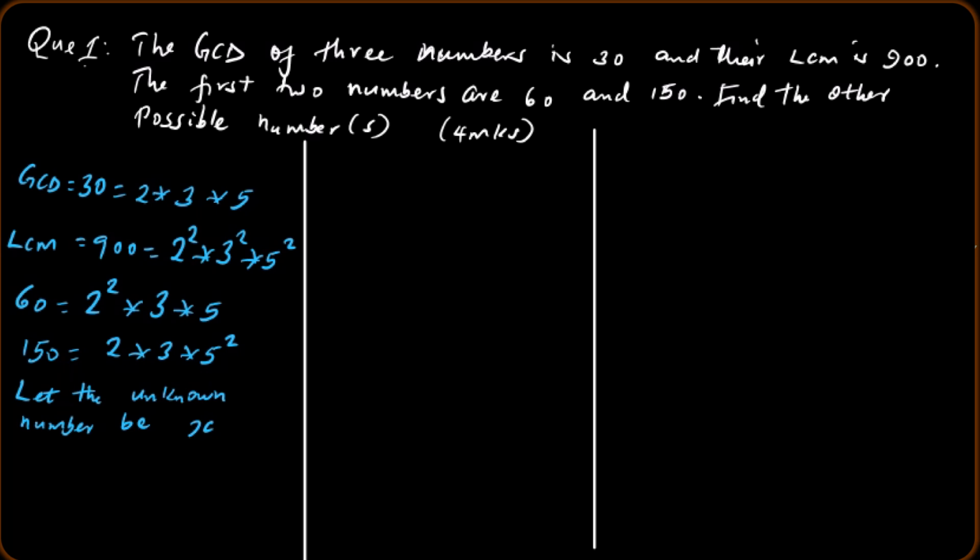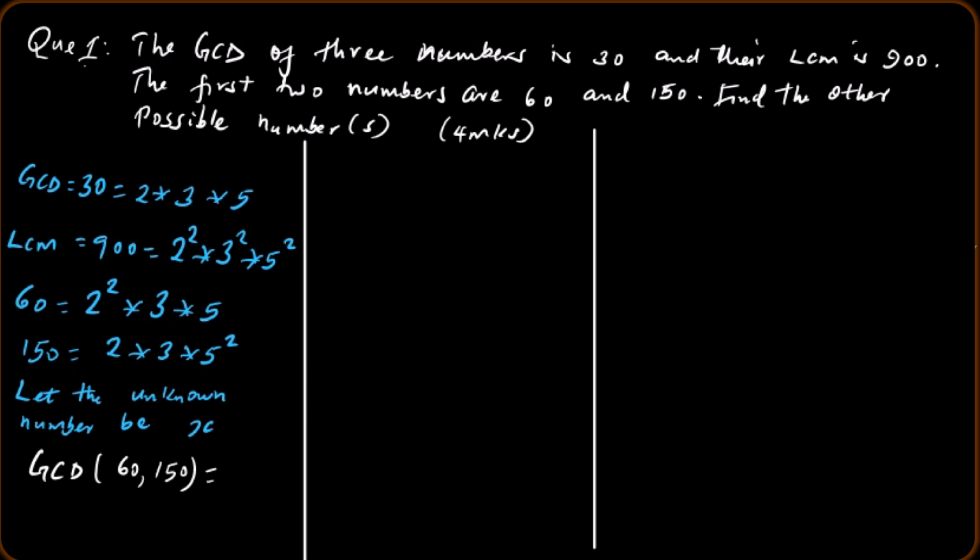Now we know the GCD of the first two numbers, 60 and 150. You can find the GCD separately.